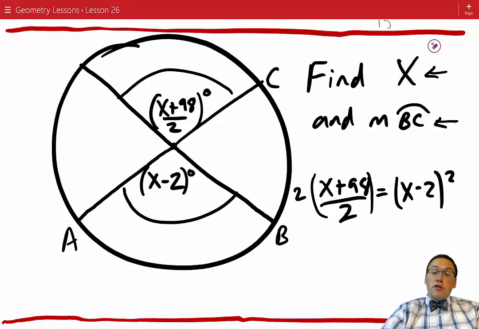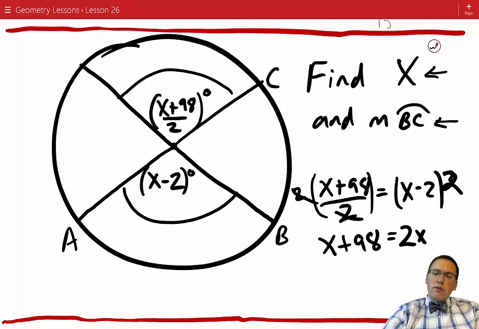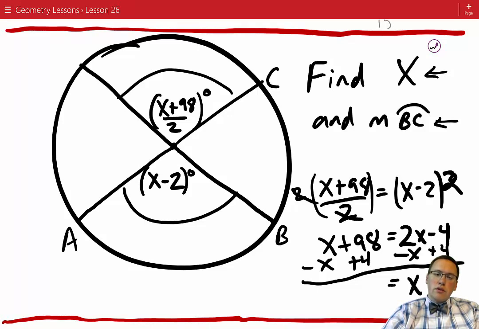So if we distribute the 2 on this side, it just cancels out, so we get an x plus 98. On the right side, the 2 would get distributed, so 2x minus 4. So, if we would subtract an x from both sides, we get 1x on the right, and if we added 4 to both sides, we would get x equals 102.